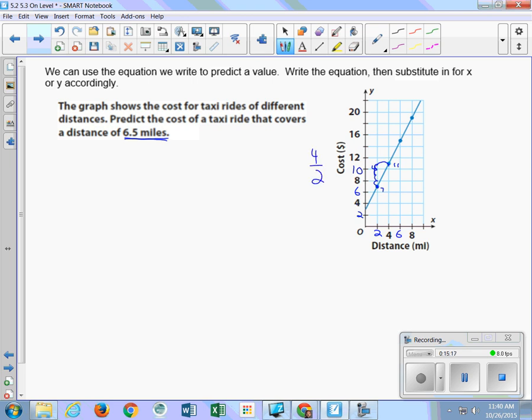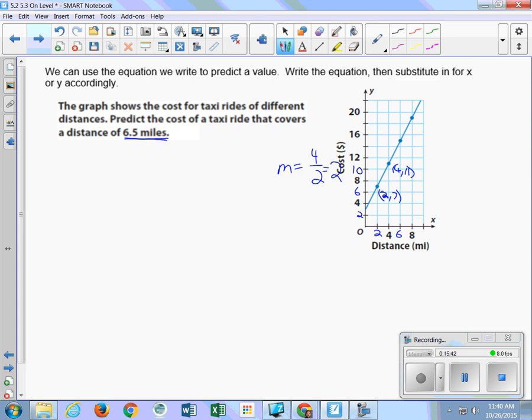And if we're not real sure about that, we can always use the slope formula. We have the point (2, 7) and the point (4, 11). Okay, and we can plug that into the slope formula if we wanted to. All right, so I have 4 over 2, that just equals 2, so m equals 2.